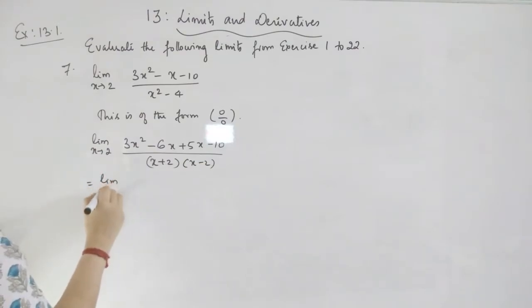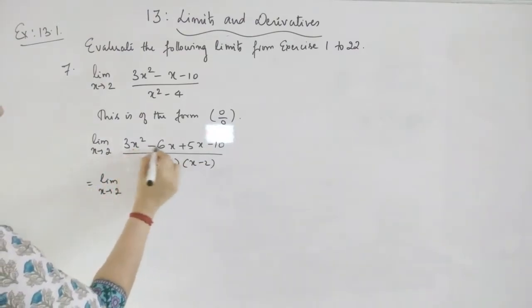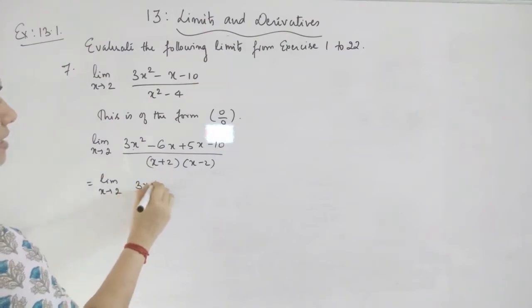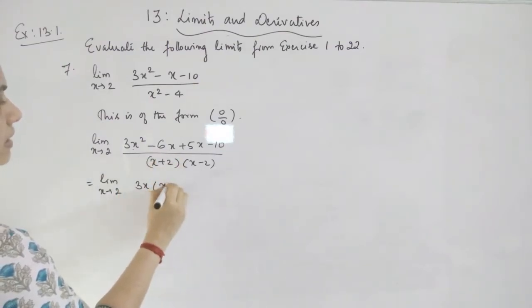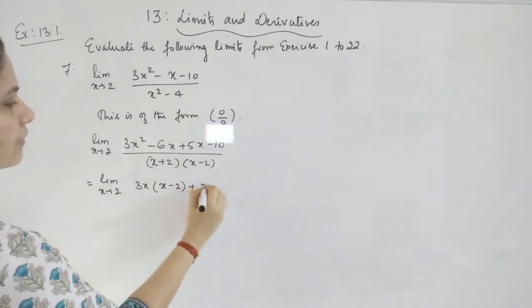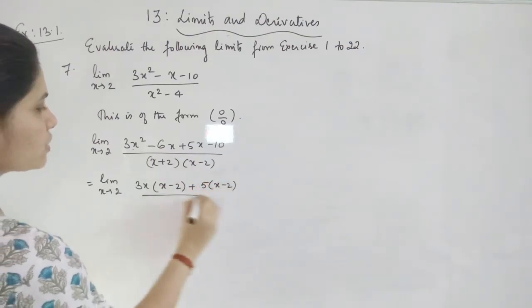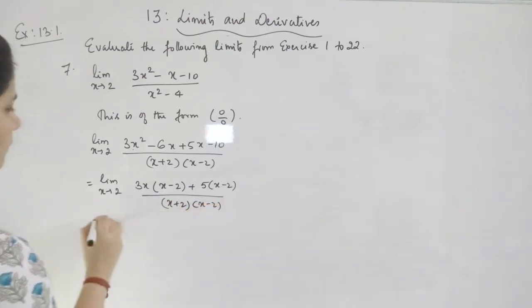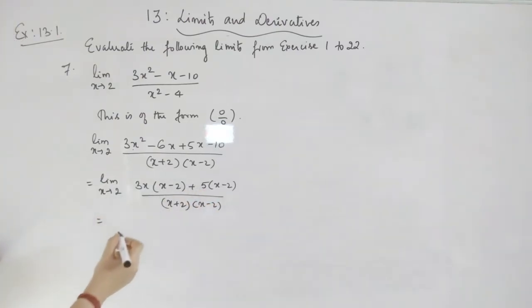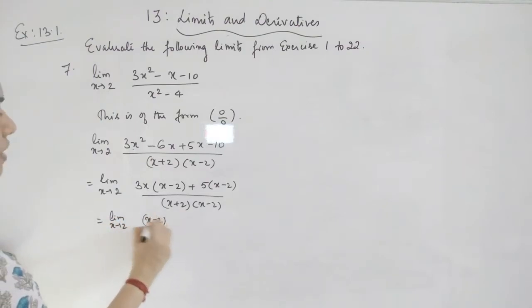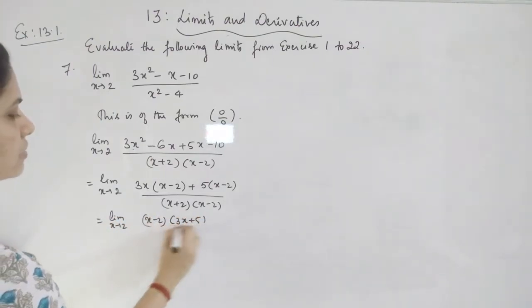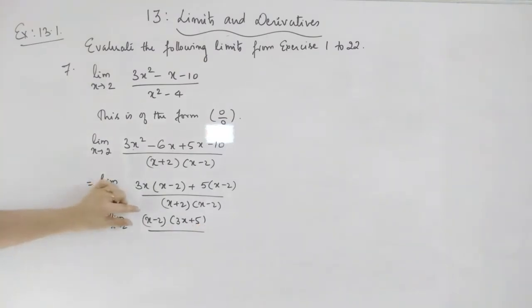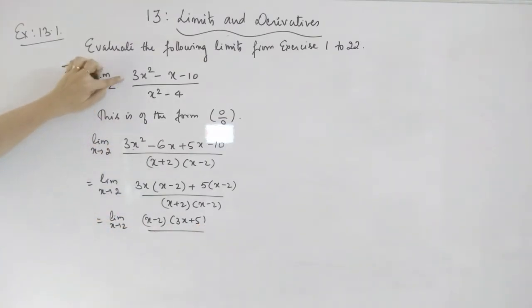Now from the first two terms you can take out 3x, so this will become x minus 2 plus here 5 can be taken out, which is again x minus 2, giving you inside. Now you can just see x minus 2 is common to both, just take it out, x minus 2 into 3x plus 5. So these are the product of two factors which will give you this one, right?